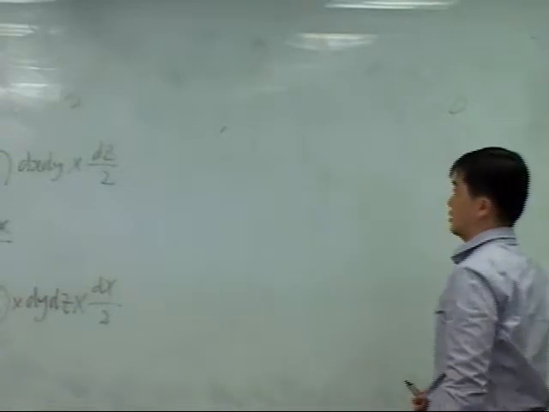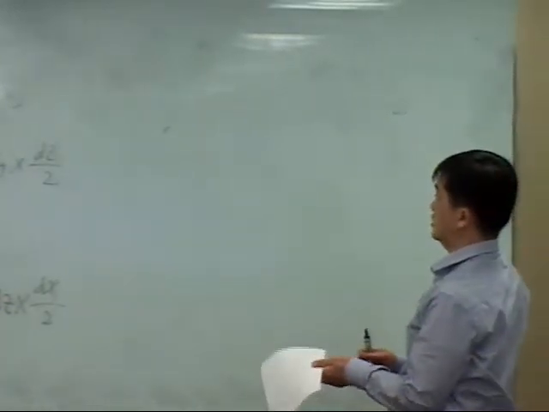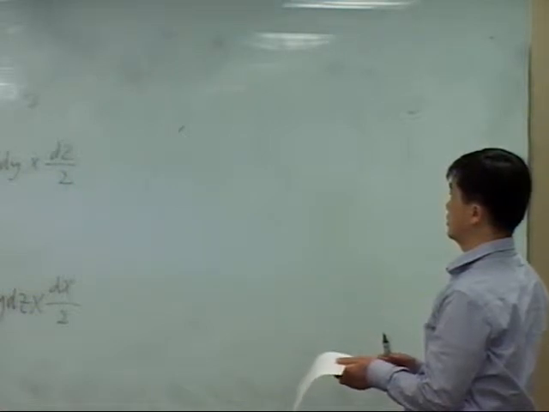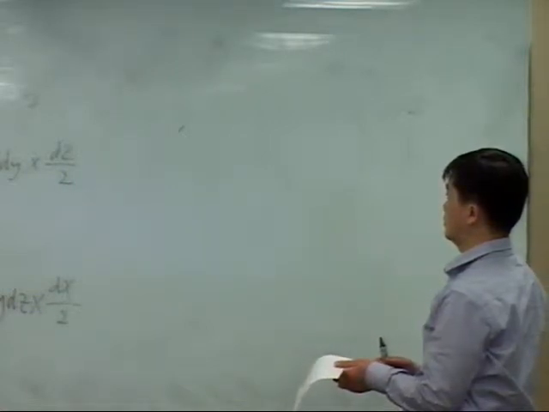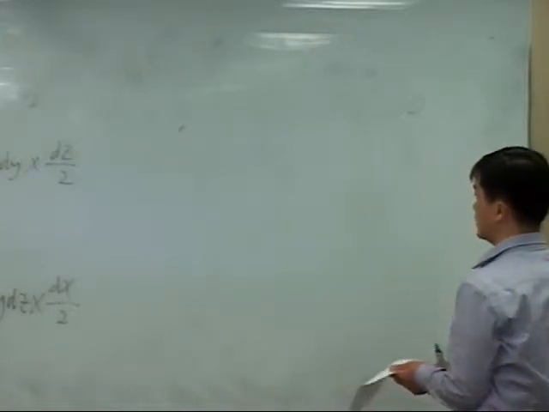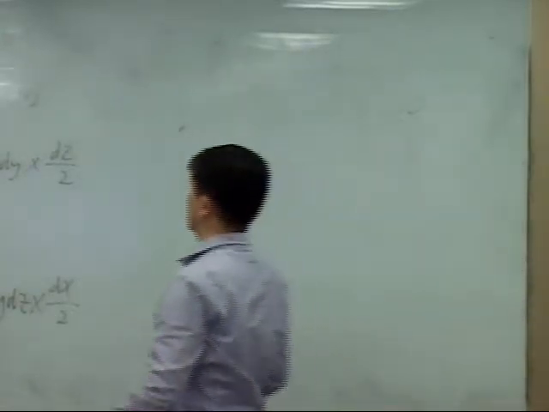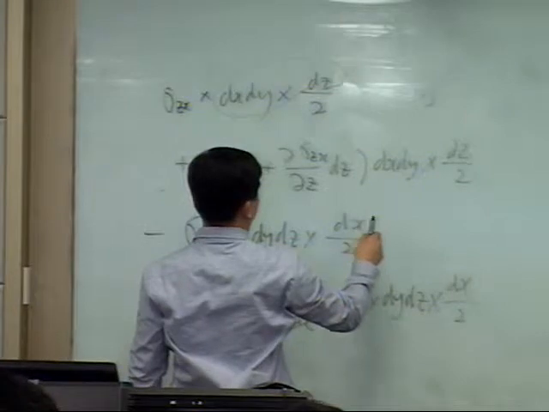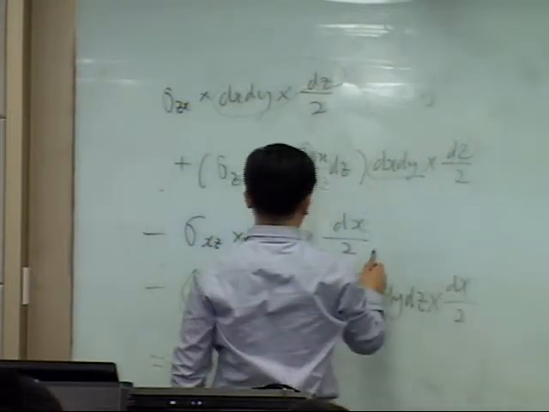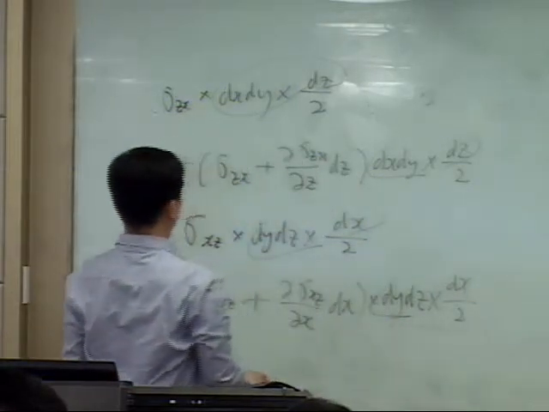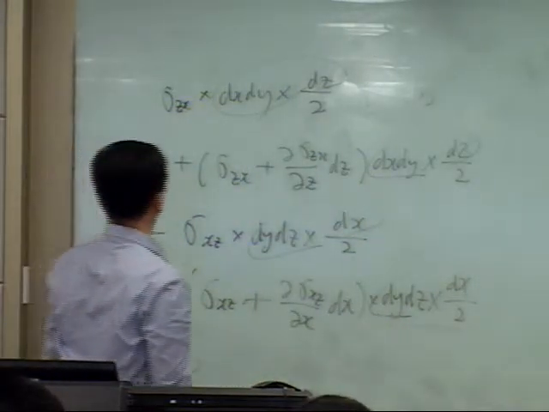Let's see what happened here. For all the terms, we have a volume dx dy dz, right? So here, this is volume dx dy dz, and dx dy dz here, dx dy dz here. So we can get rid of those terms.